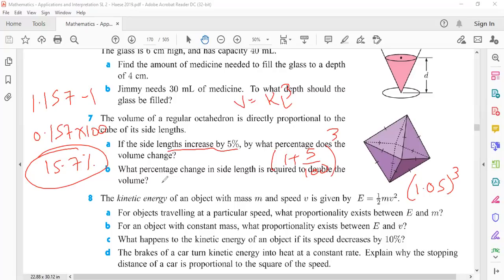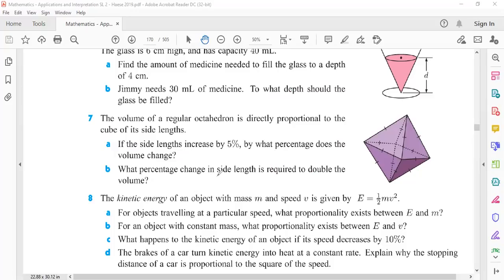How do I find B? B part now? Yeah. Now this is reverse. What percentage change in the side length is required to double the volume? So now volume is KL cube. So volume is doubled. So the double means what? The 2 will go there. So cube root of 2. What is cube root of 2?